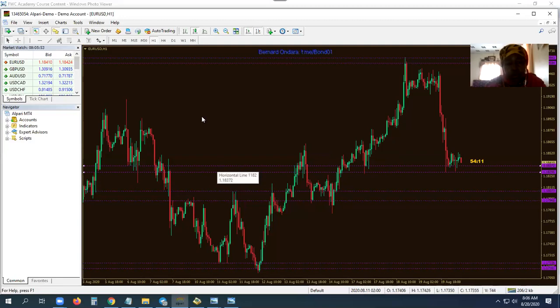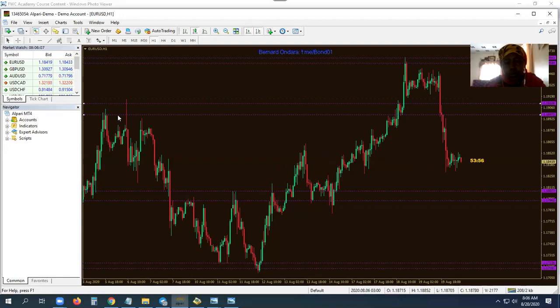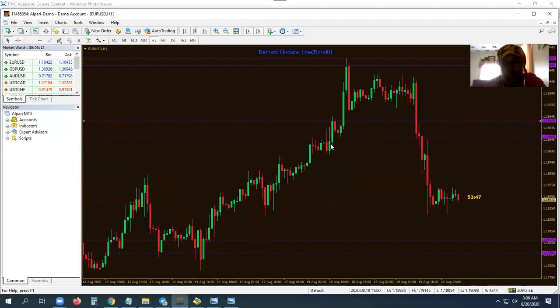That was a resistance zone. I think up to here, because you can see it was respected here. So I have to adjust it a little bit like that. But you see it has been broken. But here, you can see, it respected this level as resistance because this candle could not close above the zone.